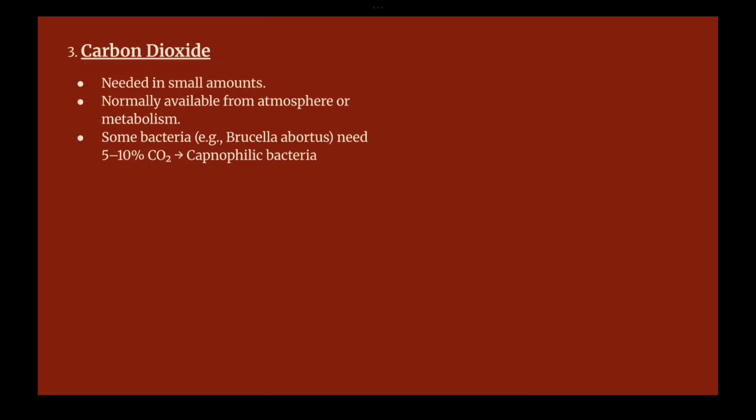It is needed in small amounts because it is a nutrient, and it is normally available in the atmosphere or produced by metabolism, that is, during digestion the bacteria synthesize carbon dioxide by themselves. Some bacteria like Brucella abortus need 5 to 10% carbon dioxide and are referred to as capnophilic bacteria, because they take in carbon dioxide for survival.